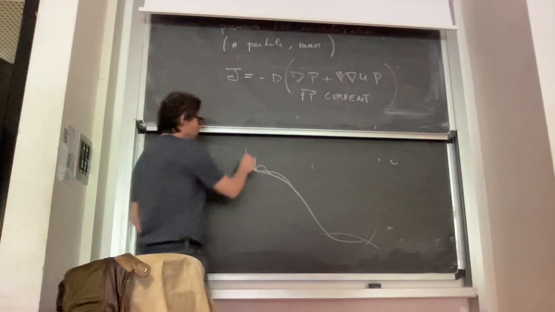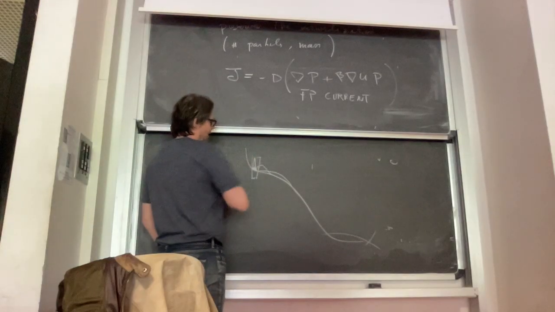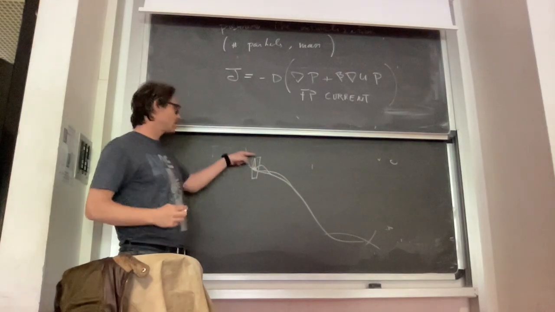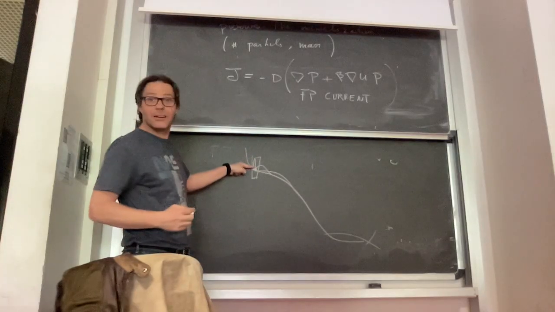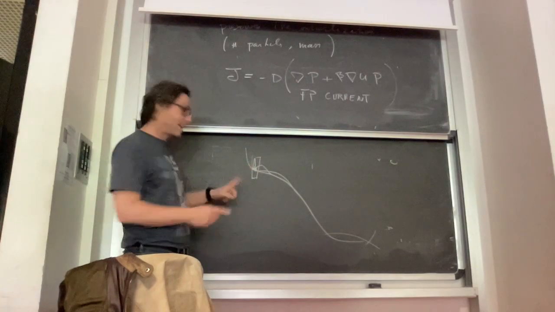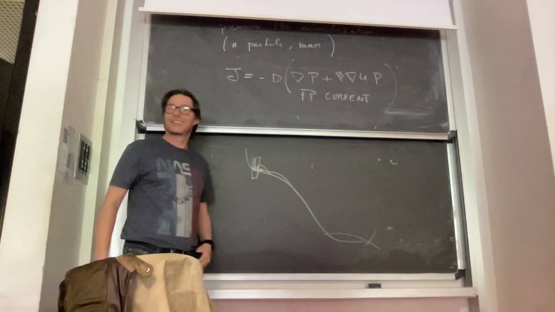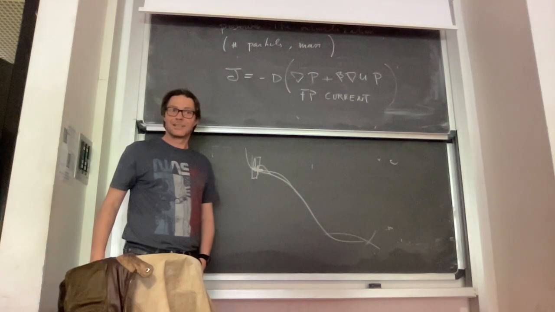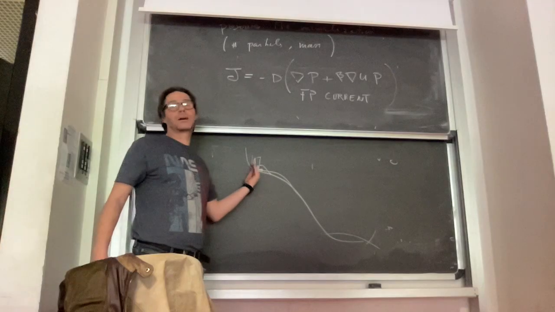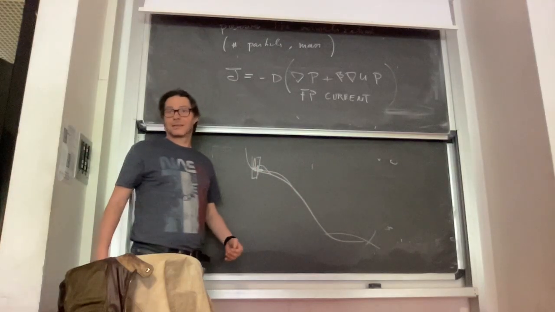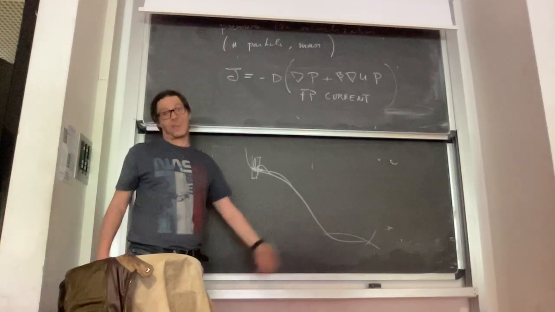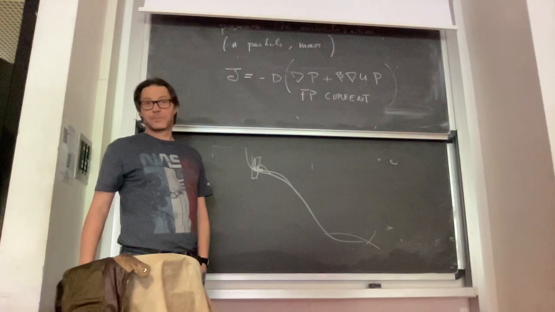Now, if you take any finite distance, any finite segment, you'll discover that the amount of probability that decreases here is due to the flux of the current through this point. So the probability doesn't go anywhere, it flows away, sorry. Okay?